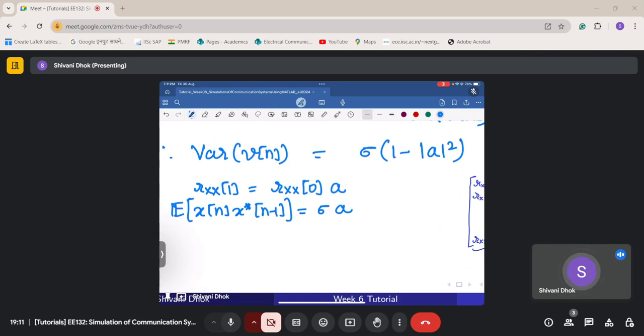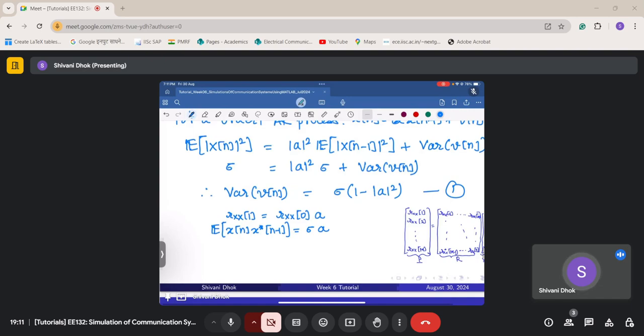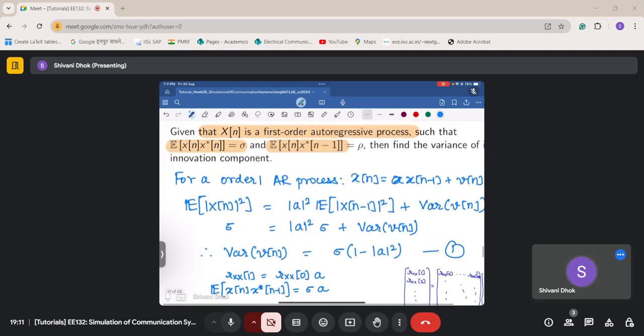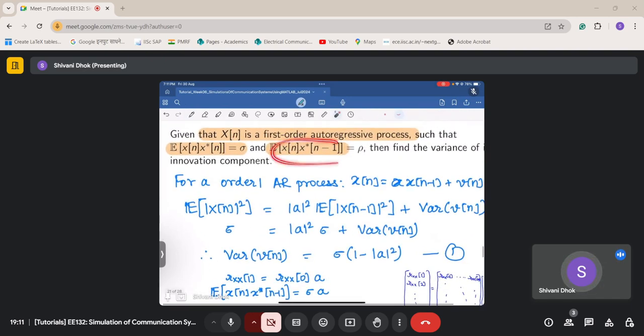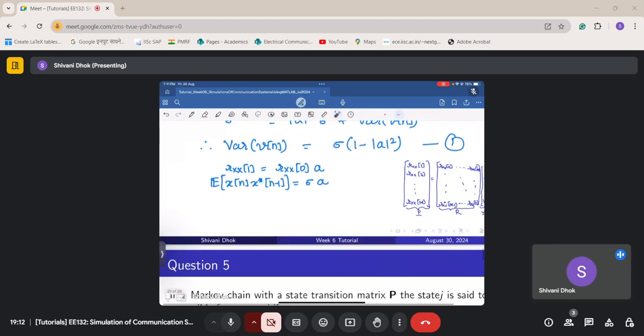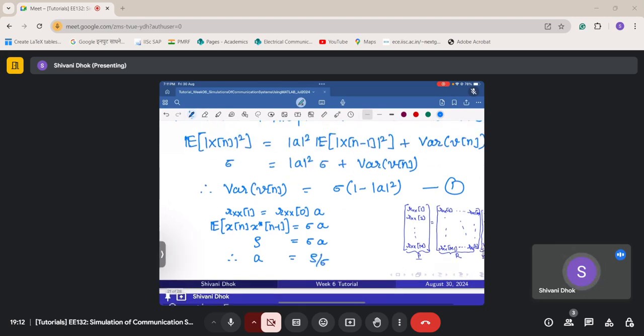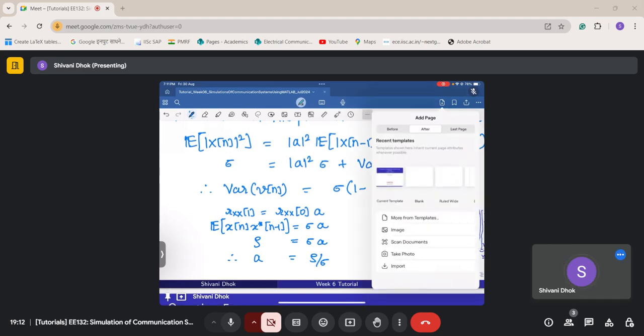The expectation of x of n into x conjugate of n minus 1 is given to us as rho. So rho equals sigma a. Therefore a comes out to be equal to rho by sigma. Now we'll substitute this in equation 1.